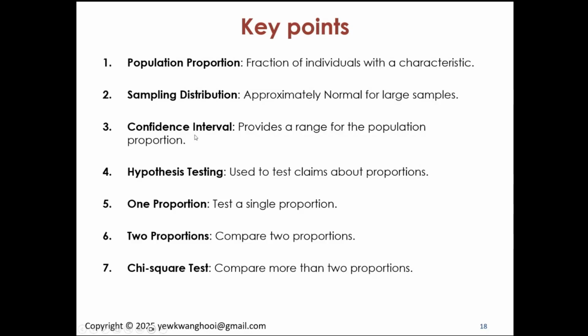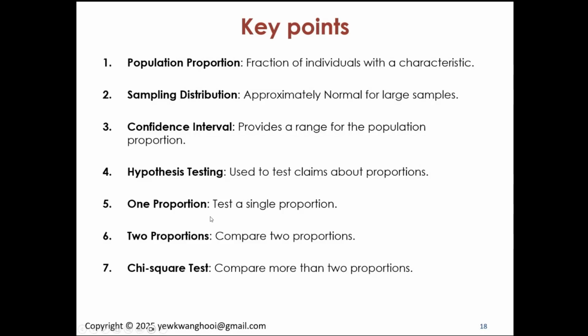Confidence interval is the range for the population's proportion. So what is the boundary that separates this group from another group? And then hypothesis testing is used to test claims about proportions.